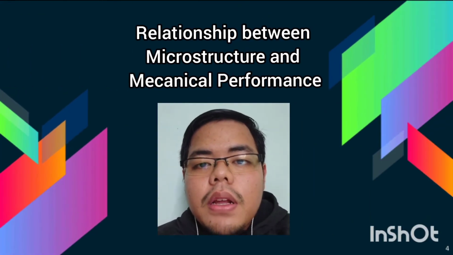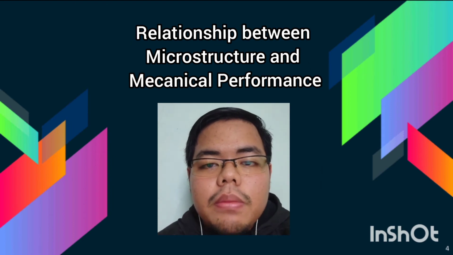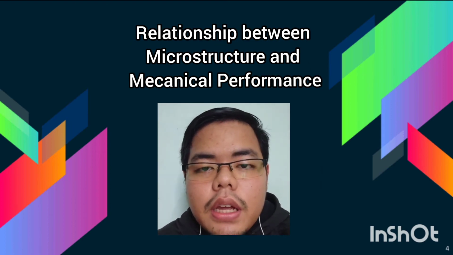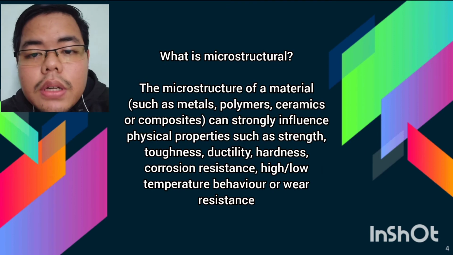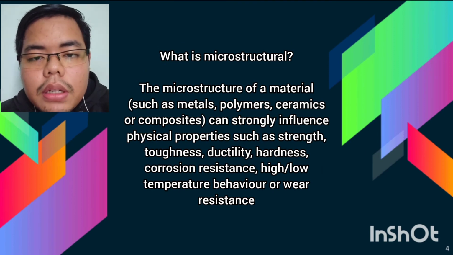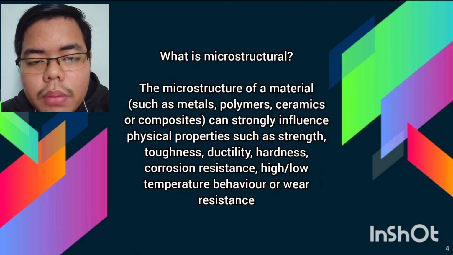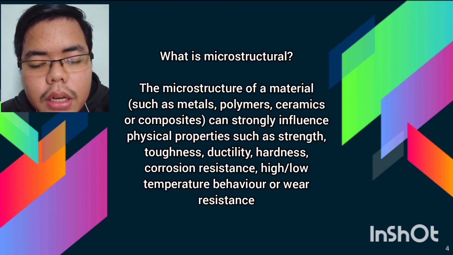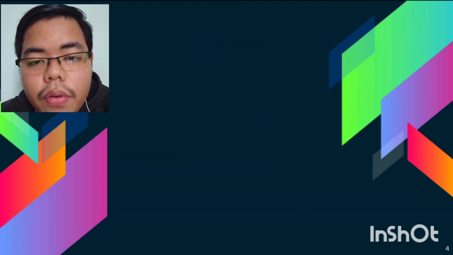Today I will explain about the relationship between the microstructure and the mechanical properties. The microstructure of material such as metal, ceramic or polymer can strongly influence physical properties such as strength, hardness, ductility, and high and low temperature behavior.